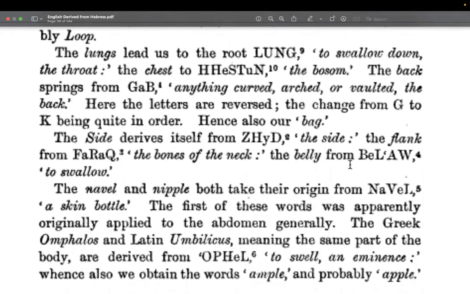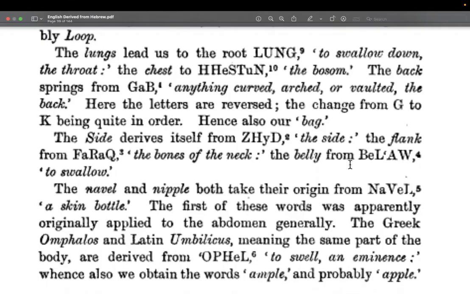The chest is hastan, hastun, the bosom, which you know that ches would be a ch or chastun, and then you just drop the un. The back springs from gab, anything curved, arched, or vaulted, the back. Here the letters are reversed, the change from G to K being quite in order. Hence also our bag.